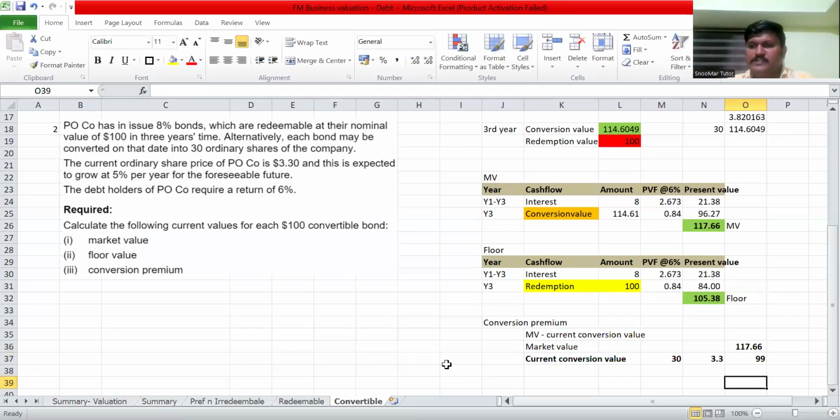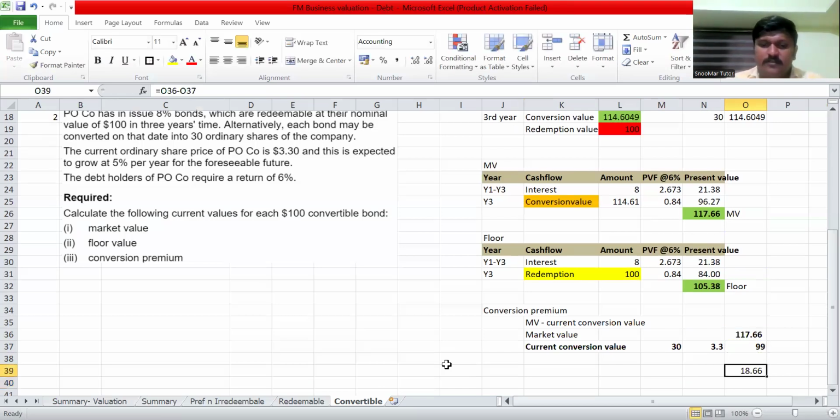So 117.66 versus 99. Your conversion premium is 117.66 minus 99, which is 18.66 per bond.